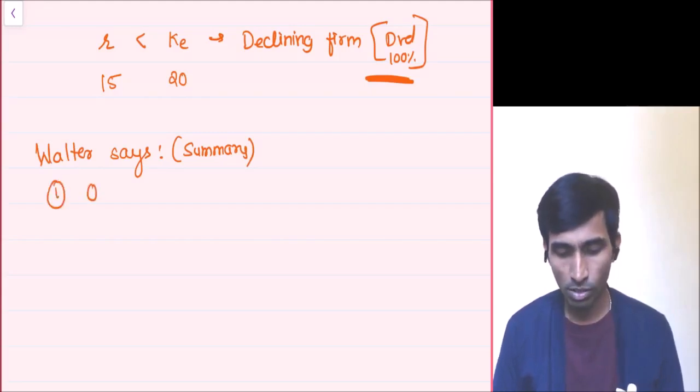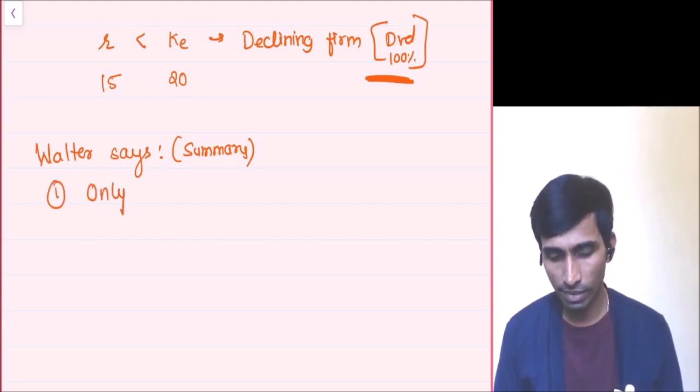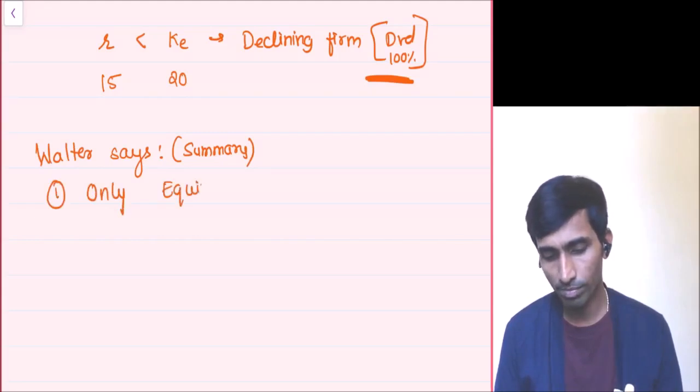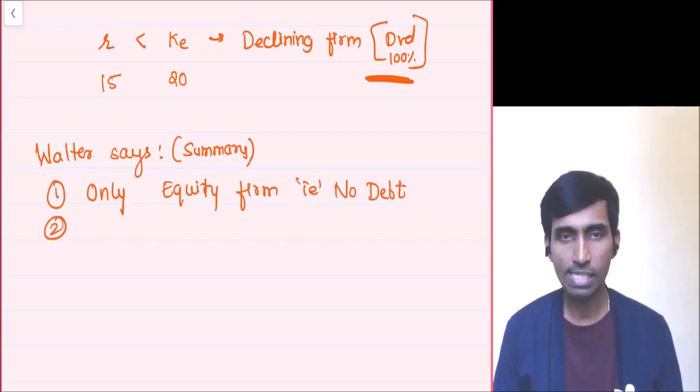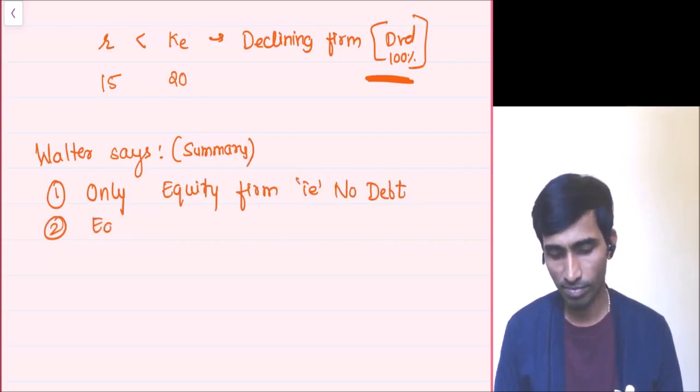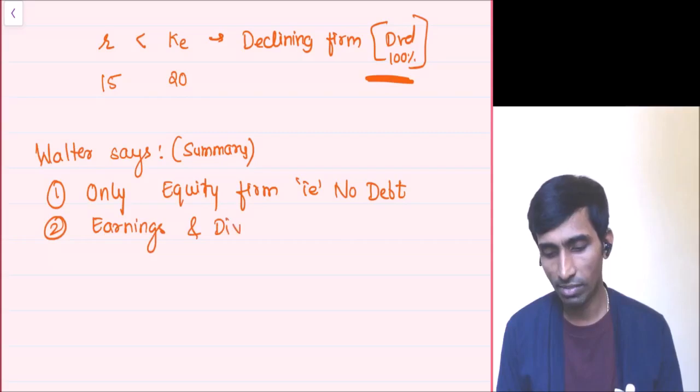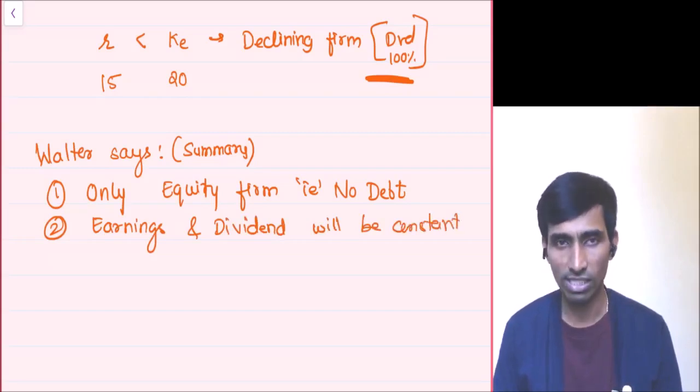First, only equity firm, that is no debt. Second, earnings and dividend will be constant. This is the assumption.